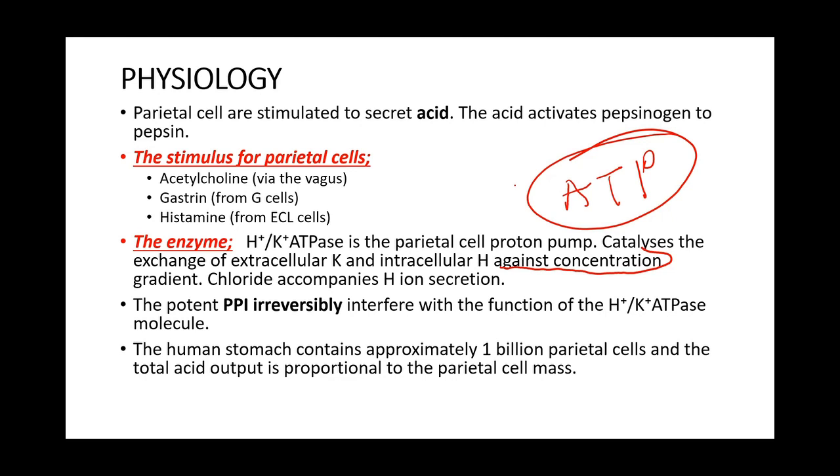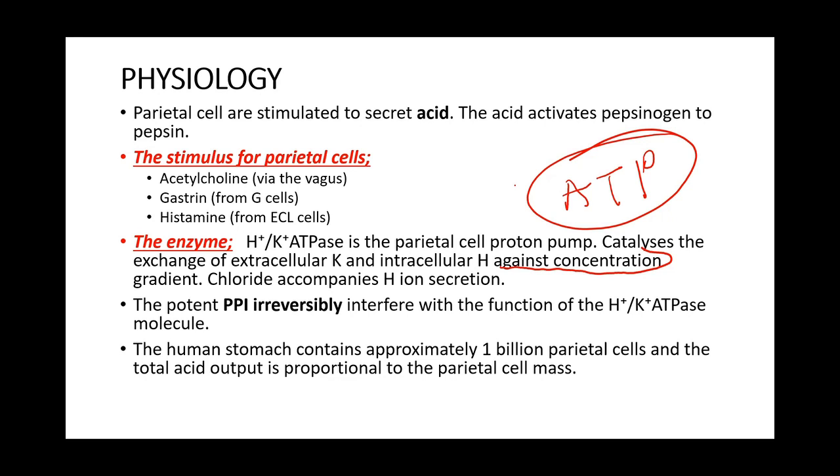That's why, when you are taking a proton pump inhibitor, you should take it with meals so that the ATPase will be activated and it can block these receptors, or you should take it before meals. And when you continuously take the PPI over the prescribed duration, it keeps on irreversibly blocking all the molecules.